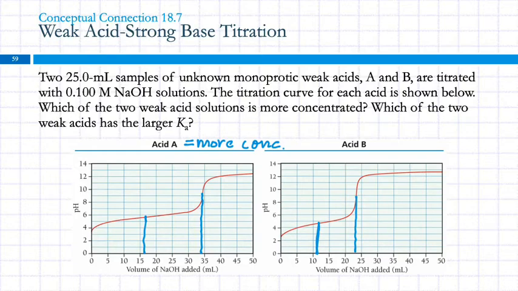Here's another way to think of it. If we had a strong acid being titrated, what would the pH at the equivalence point be? 7. So the closer the pH at the equivalence point is to 7, the stronger the acid is. Which one of these is closer to 7? B, right?